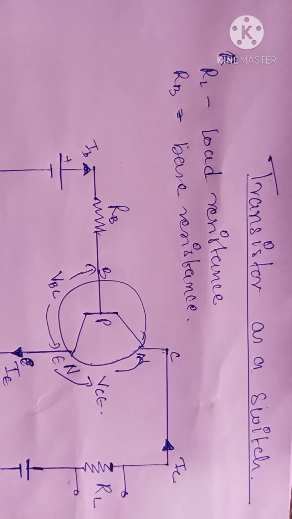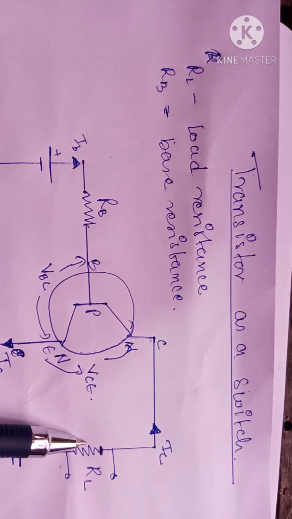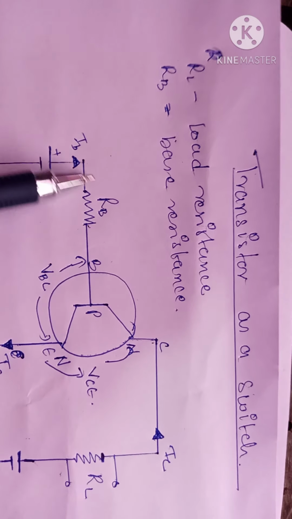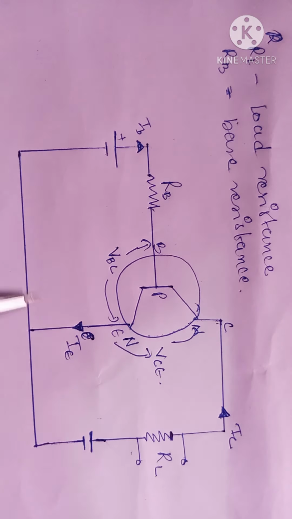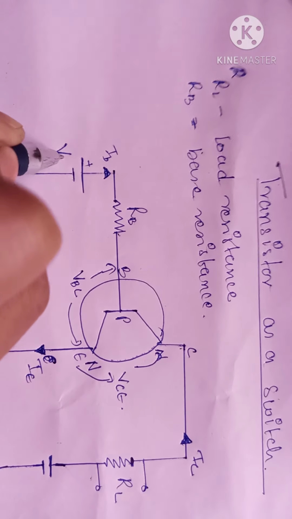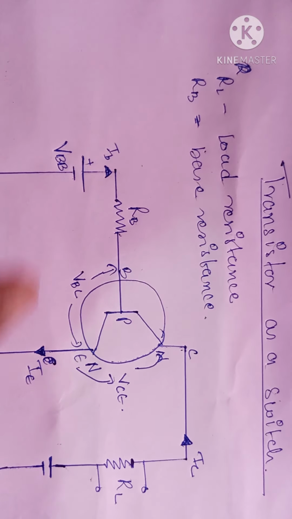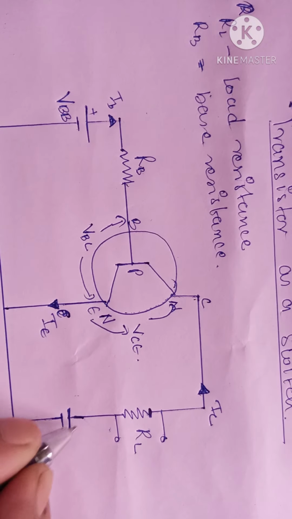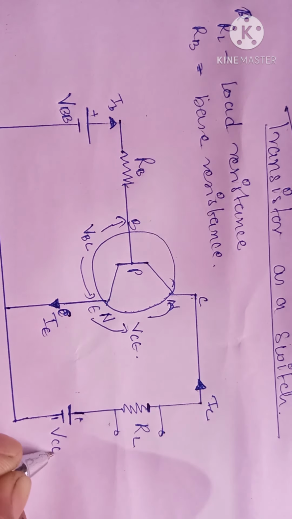So now, transistor as a switch. RL is the load resistance, RB is the base resistance. The VBB battery provides forward bias, and VCC provides reverse bias.